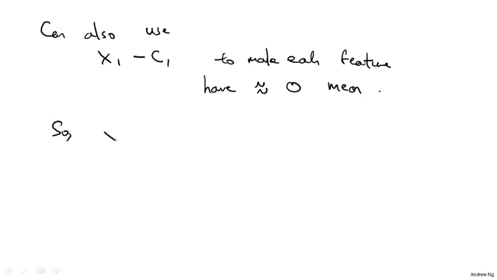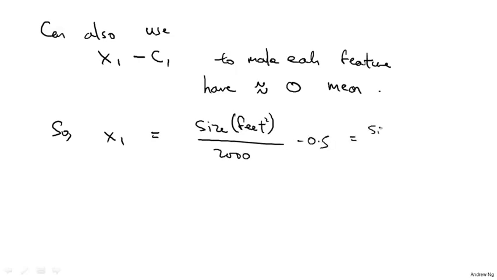So concretely, if x1 is the size of your houses, you can set x1 to be the size in square feet minus 1,000, over 2,000.